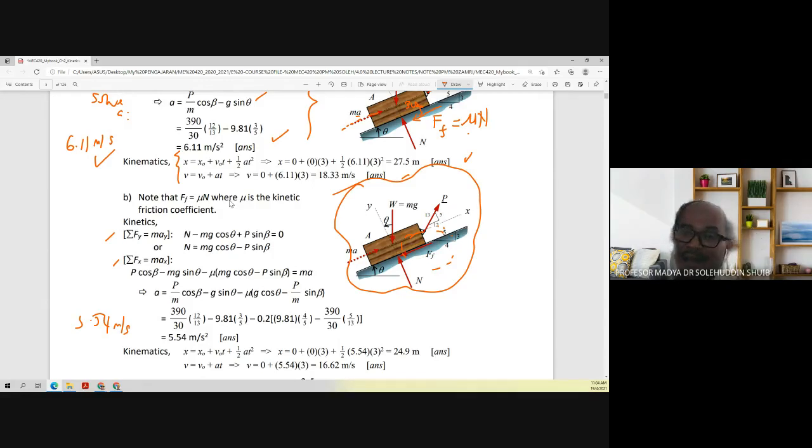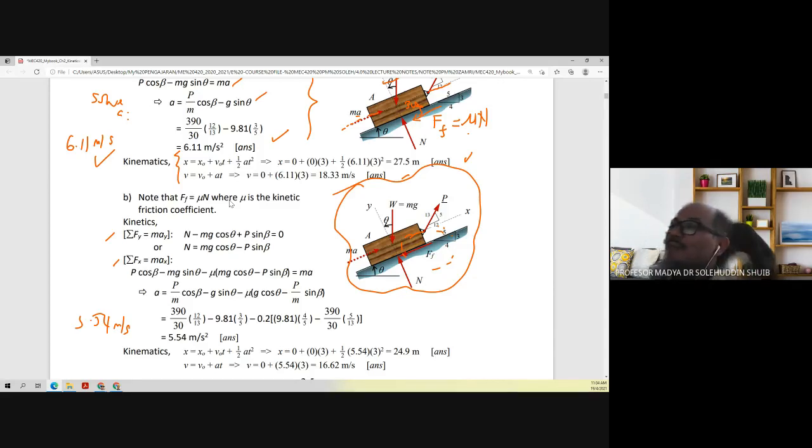It's logical, because there is friction, so it would slow down. But if you get a value with friction higher than the value without friction, that is wrong. So the checking part should be there. Sometimes you get the answer 5.54 kilometers, which is not logical. You have to check, you cannot make mistakes.